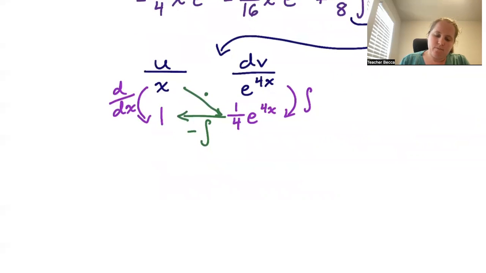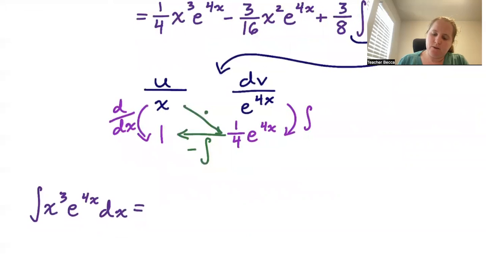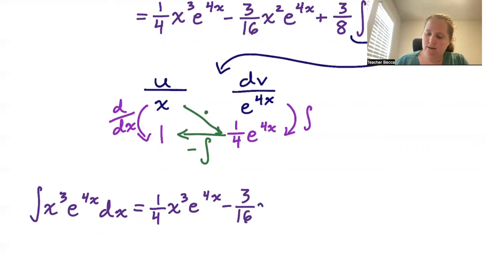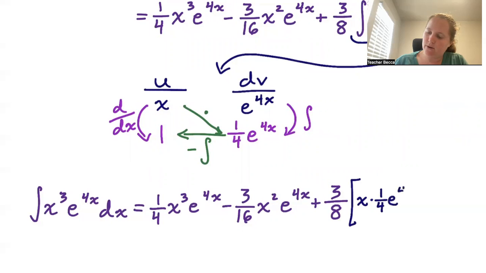And our integral of x cubed e to the 4x dx, we are now looking at 1/4 x cubed e to the 4x minus 3/16 x squared e to the 4x plus 3/8 times, we will have an x times 1/4 e to the 4x minus an integral of 1 times 1/4 e to the 4x dx.